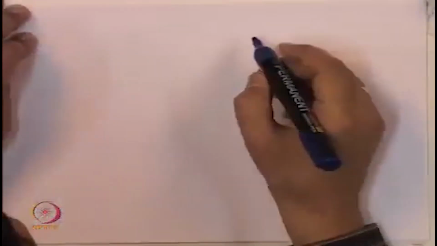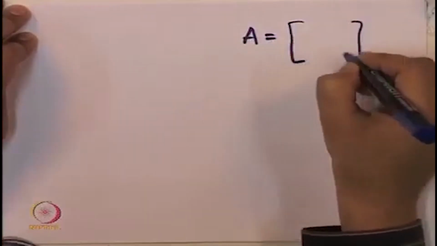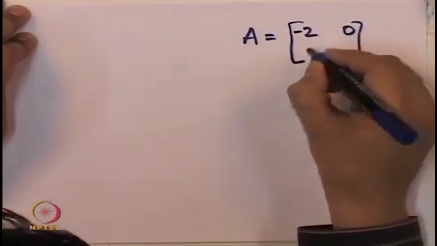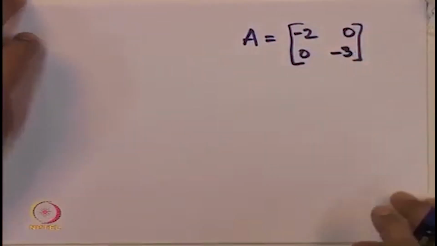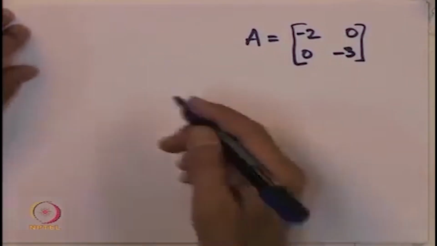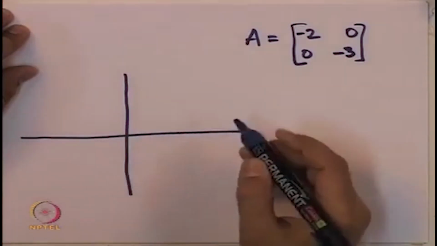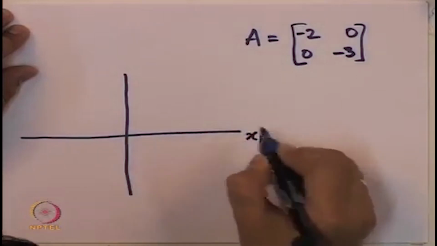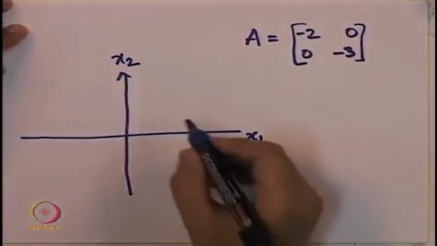So look at this figure. This is not the same example that is there on the slide, but it explains what is a stable node. This is the x1 axis, this is the x2 axis.